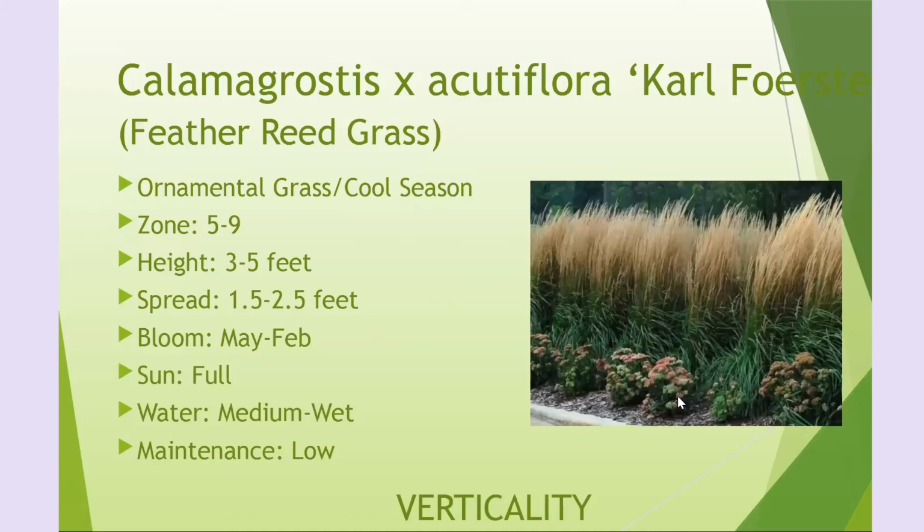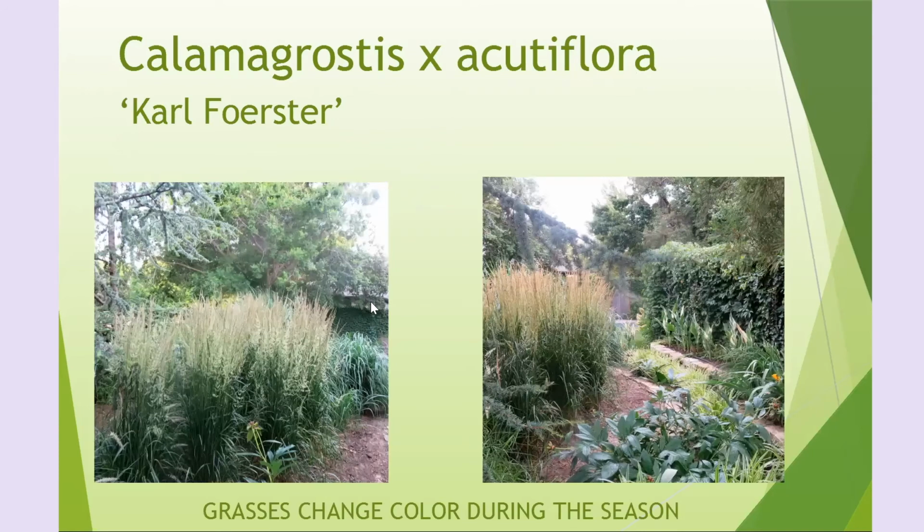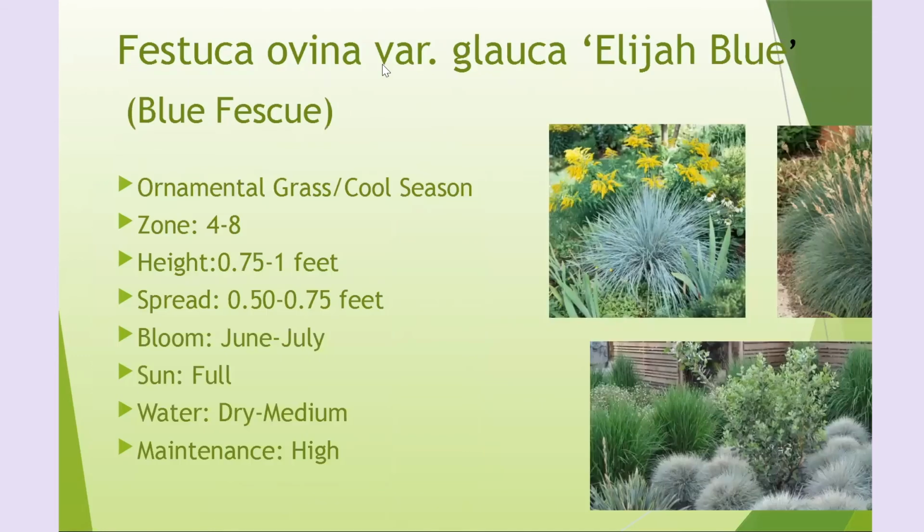Cool season grasses. Carl Foerster, verticality. Remember, it's an early grass, and here it is very early. This is May and it's already flowering, and this is the end of June and it's already brown. And this is blue fescue, and you can use them, even though it's small, as a specimen.